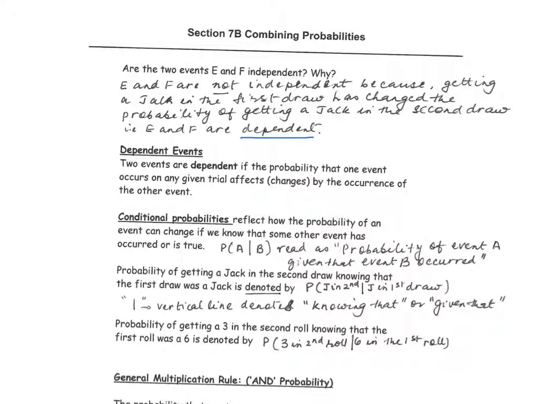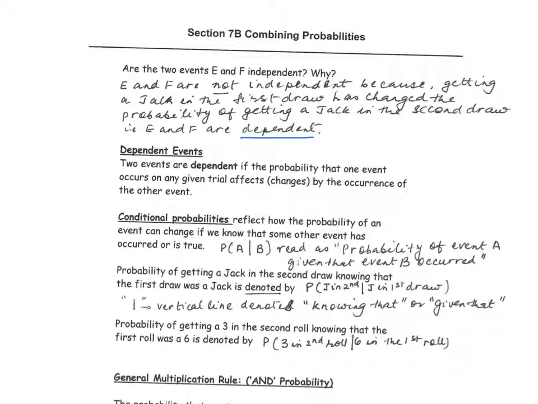So two events are dependent if the probability of the occurrence of an event depends on the occurrence of the event before it. So if we have to think about what happened before in order to calculate the probability of what's happening now, then the two events that we're talking about are dependent.